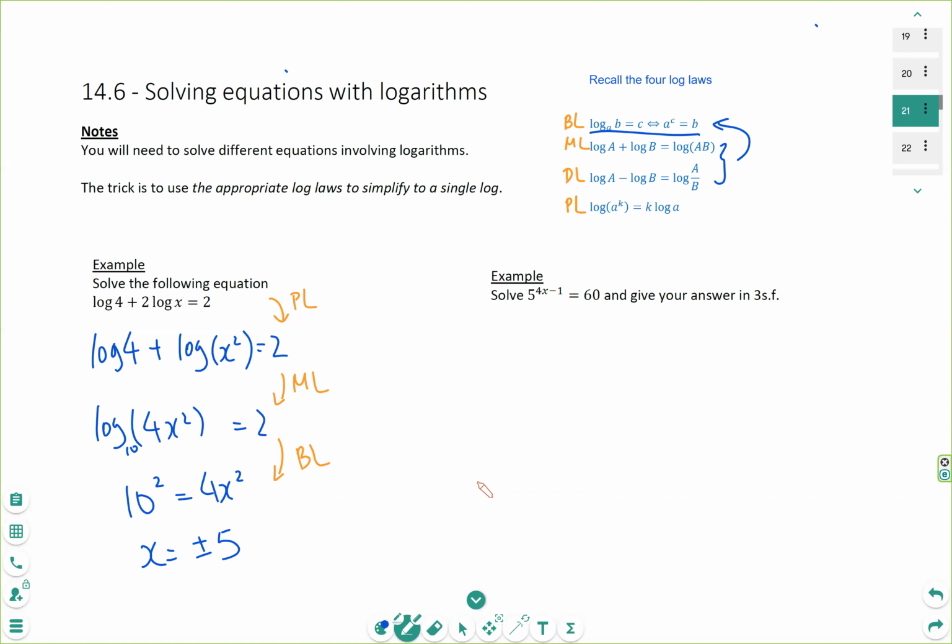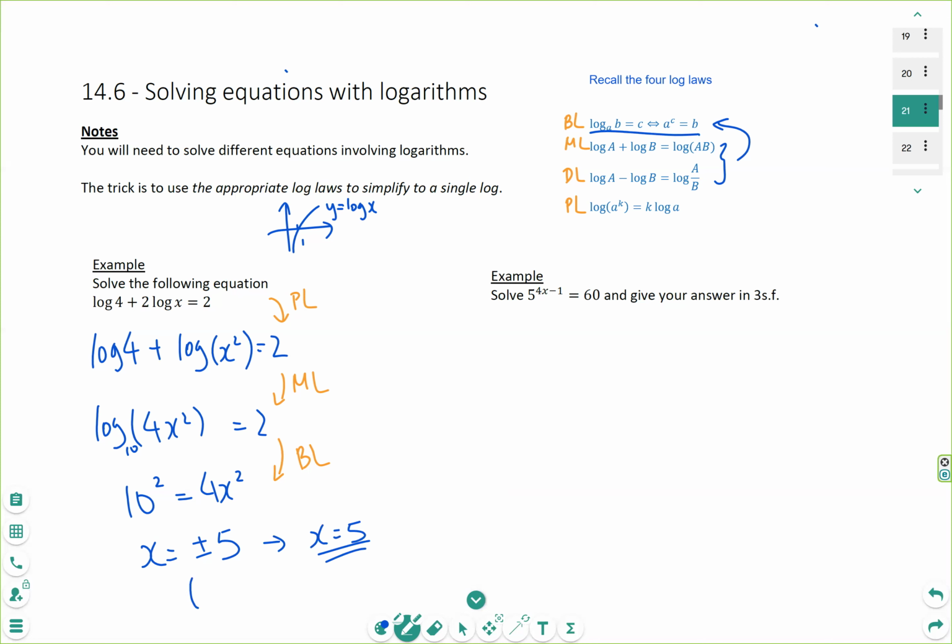But we can't have a negative in log, because if you remember the graph of log, that's the y equals log x graph, it looks like this. If you look at this, there's no negative x value, so we cannot accept it. So we have to reject the minus 5, so x equals 5.